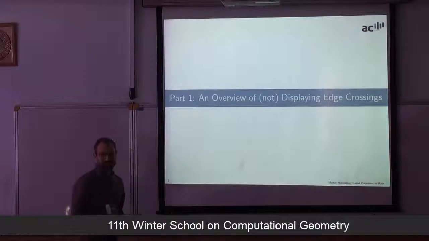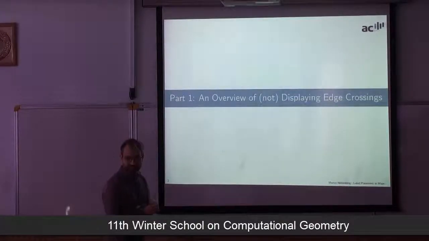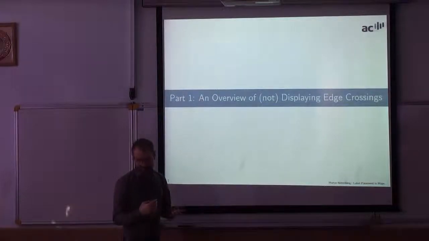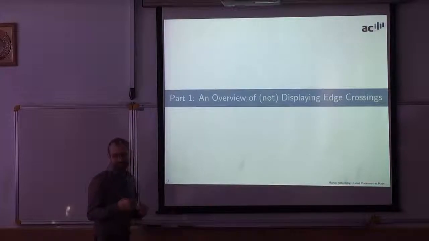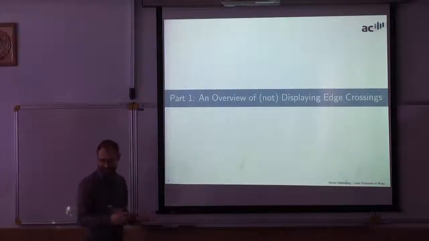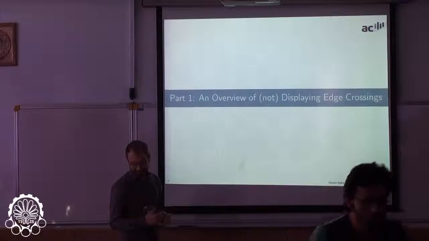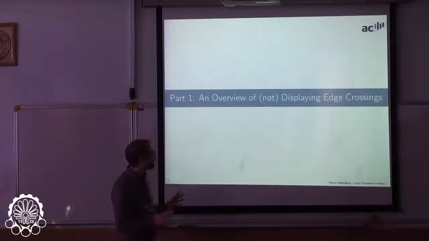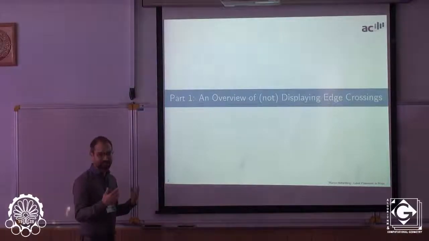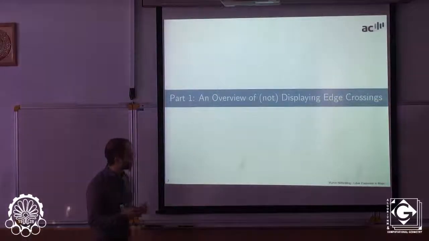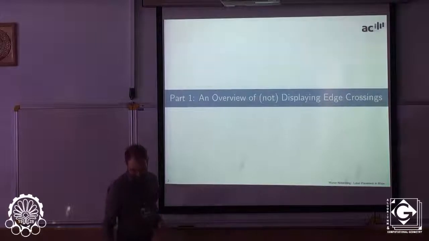In the first part I will give an overview of different techniques that have been developed, or different layout styles for displaying edge crossings, or maybe even not displaying them, so kind of cheating to have them invisible in some sense. The first part will be on a very high level, so I will give an overview of some results that are out there, but not go into details of proofs or algorithms. And then in the second part we'll see some algorithms for non-planar graphs.